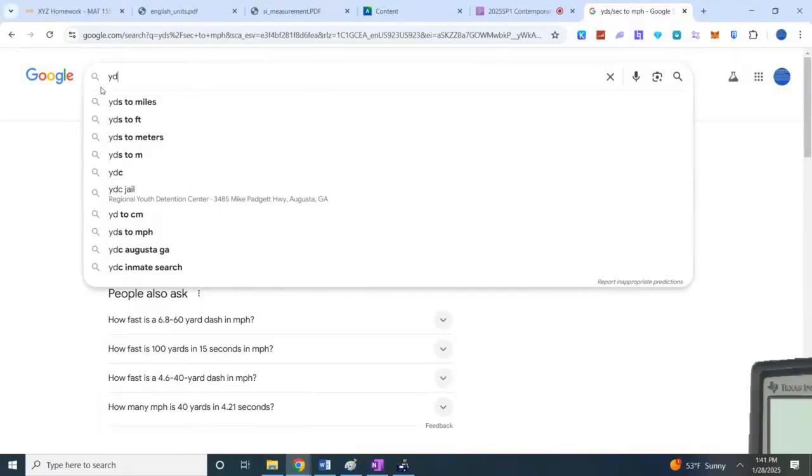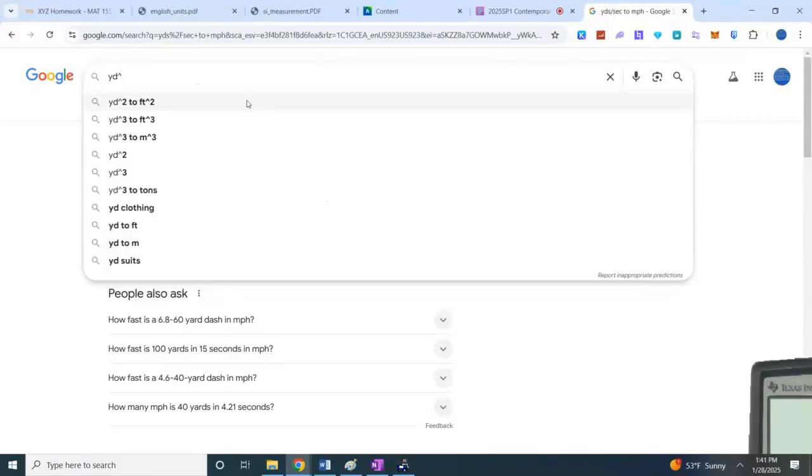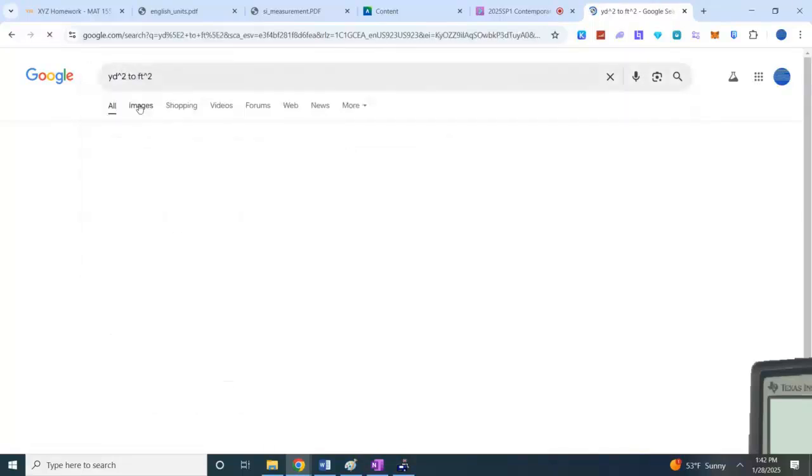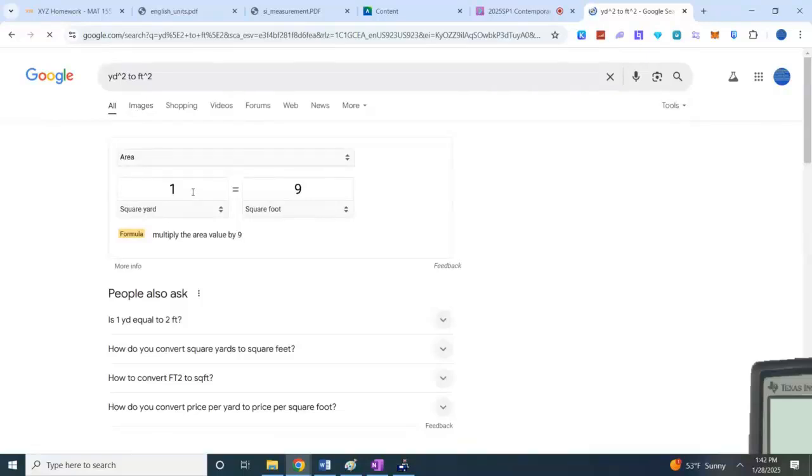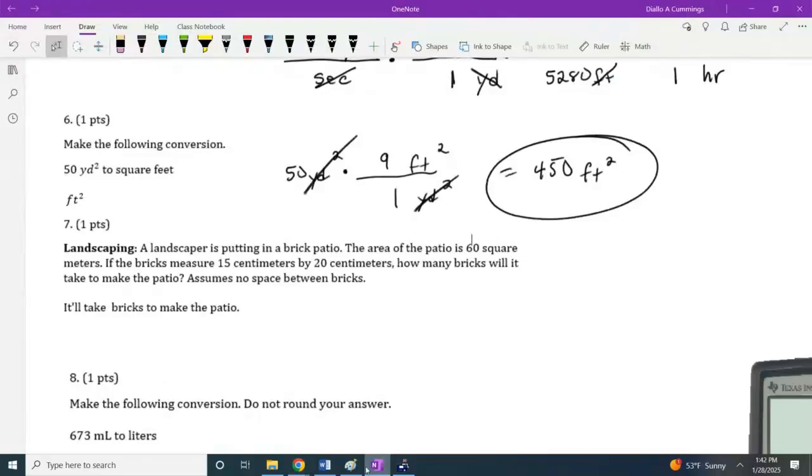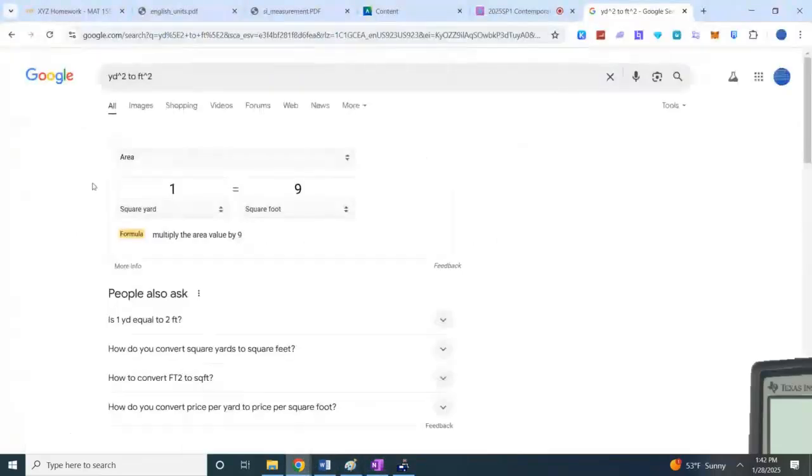If you look above the 6 on your keyboard, and if you hit shift, that gives you the exponent. So what that means is this is like square yards to square feet. So now I can put this in as 50 square yards, and it gives us 450 square feet.